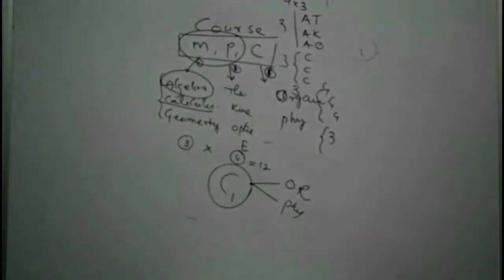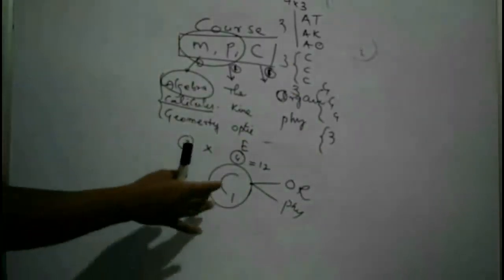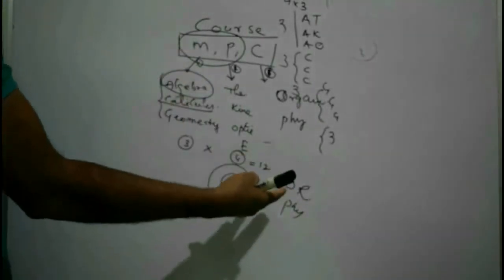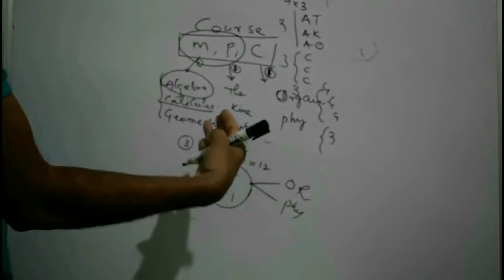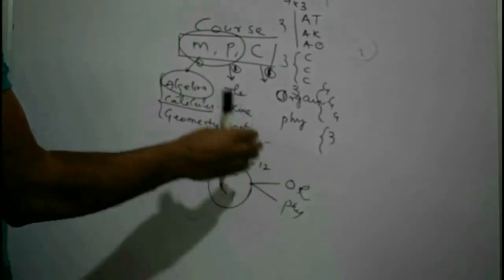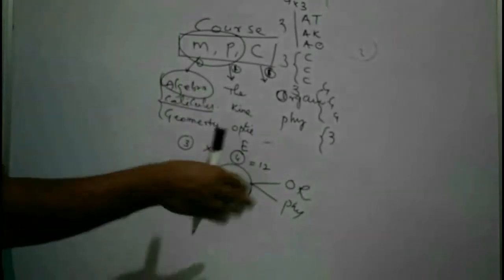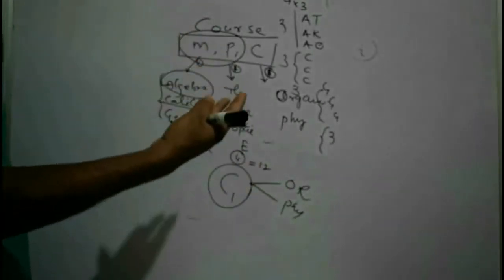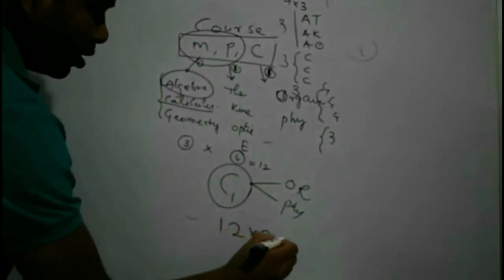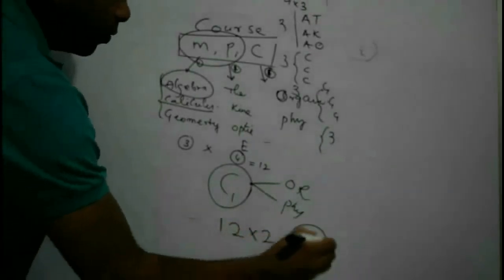So for each combination we have 2. For the second combination we have one more 2, so 2 times 2. For the third combination 2 more, so 3 times 2, 4 times 2, 5 times 2. How many times 2? Because there are 12 combinations, 12 times 2 equals 24.